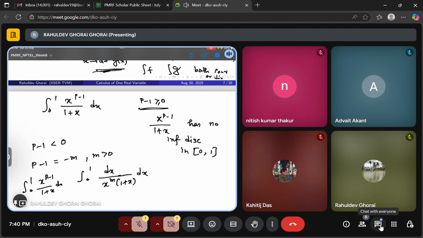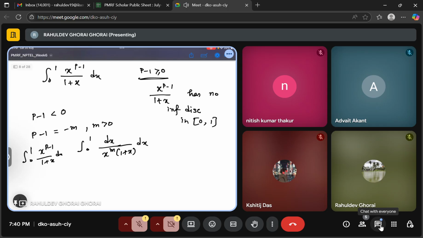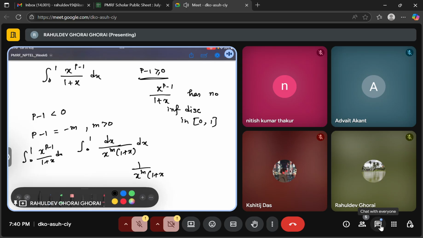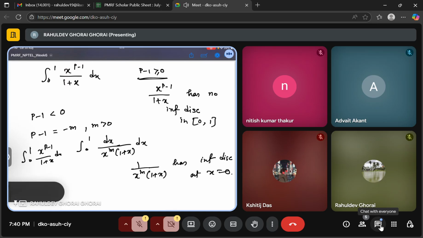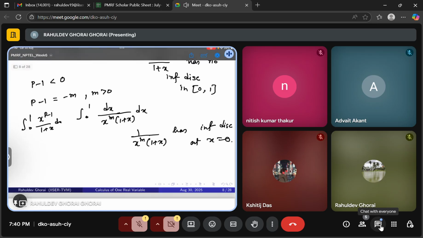And now you see it has a singularity at 0. So it has an infinite discontinuity at x equal to 0, right? It has a problem, so it becomes an improper integral.